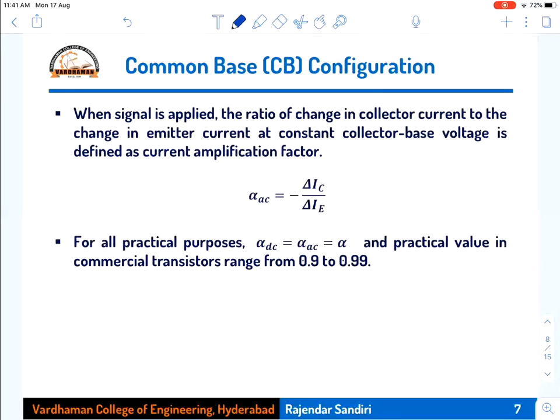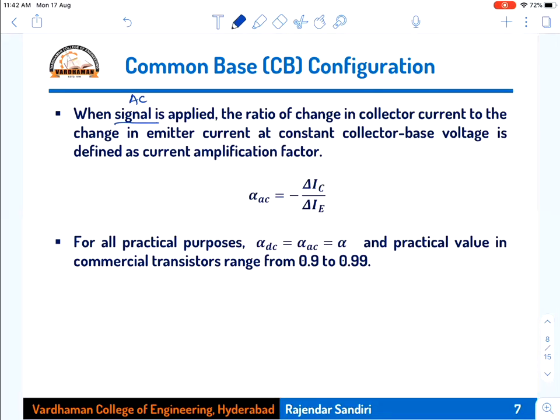Next, when a signal is applied, meaning AC is applied, we take the change in the currents. DC means only one constant current will be there all the time, therefore we have taken IC by IE.